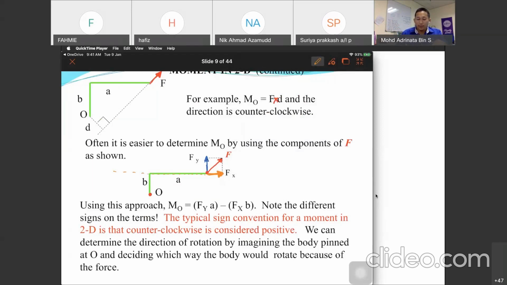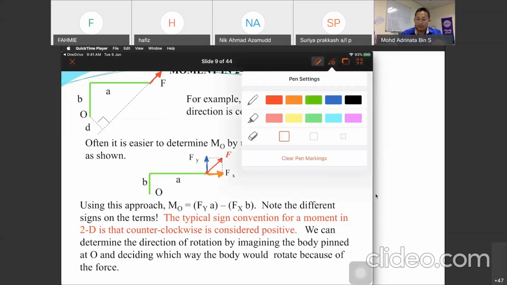Our point of action is O, so we take the line from O perpendicular to the line of action of the Fx force. So our Fx, the distance is b.